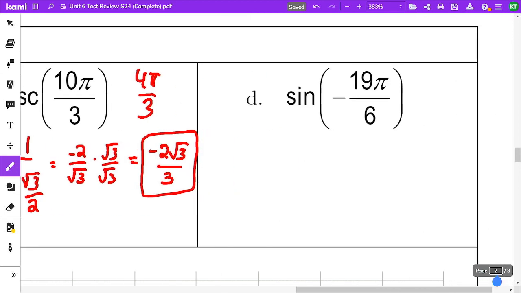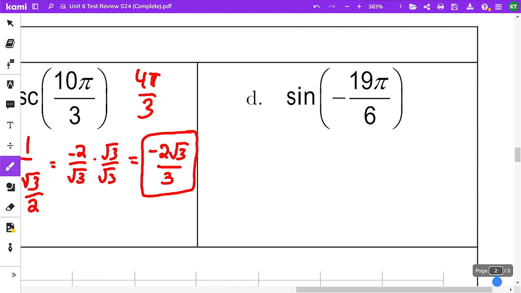And then finally, for letter D, I have sine of negative 19 pi over 6. Again, we're going to look for a coterminal angle. So I can add not just 2 pi, but I can add 4 pi to this, which 4 pi would actually be 24 pi over 6.